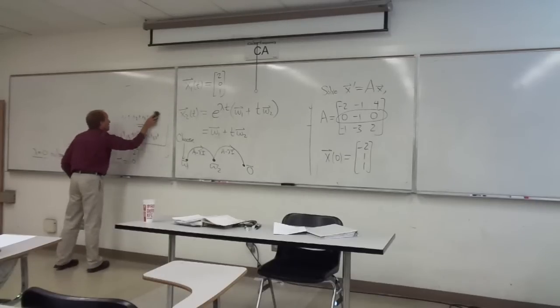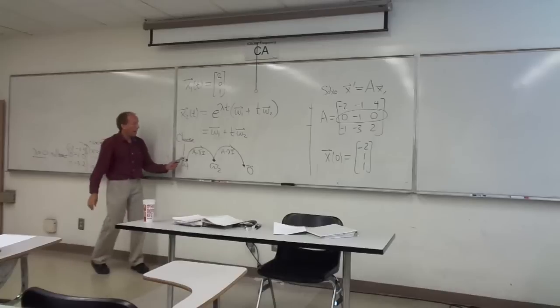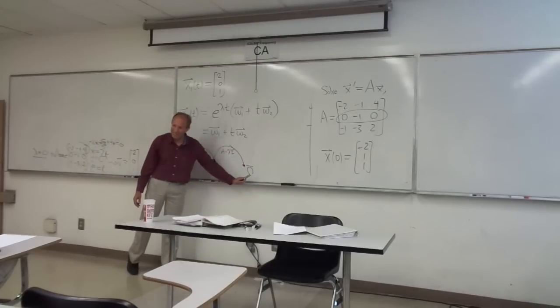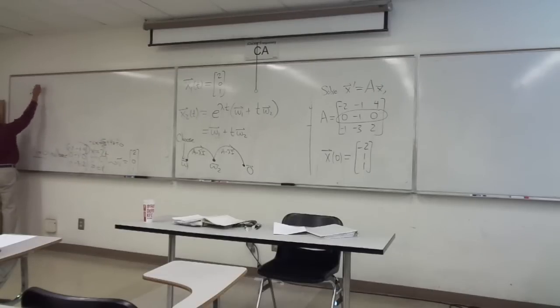So I need to find a vector that survives this matrix, but doesn't survive it twice. Let's see what that tells us. The original matrix A minus lambda I is basically -2, -1, 4, 0, -1, 0, and -1, -3, 2.